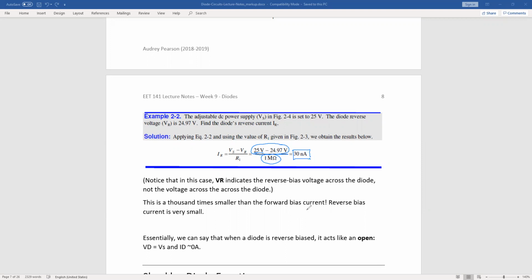So that's 30 times 10 to the minus 9 amps. Okay, so it's a very small current, which is why we basically say that there's zero current flow when we have a diode hooked up in reverse bias. So it essentially acts like an open circuit.